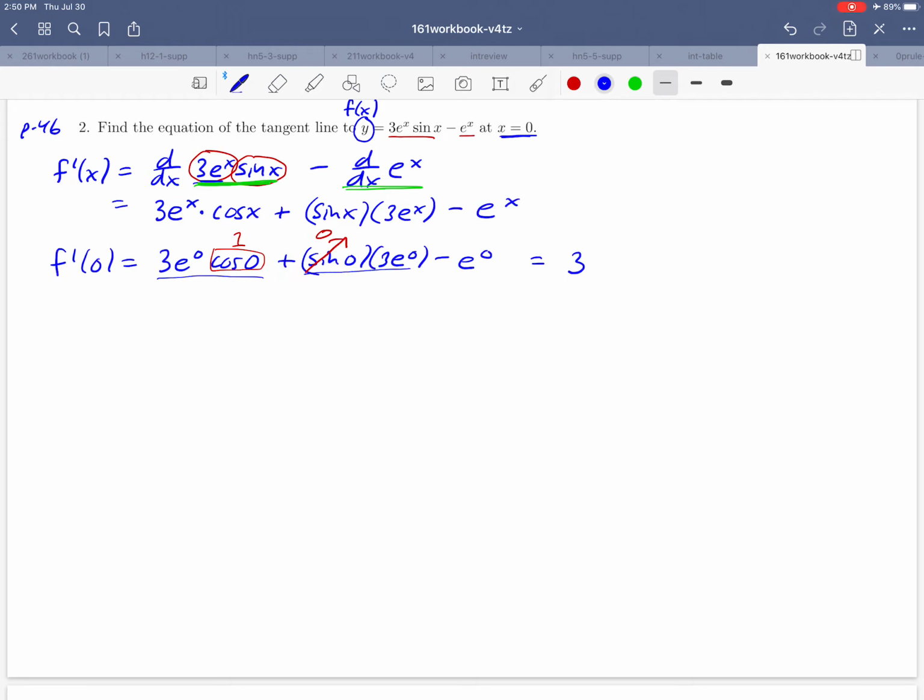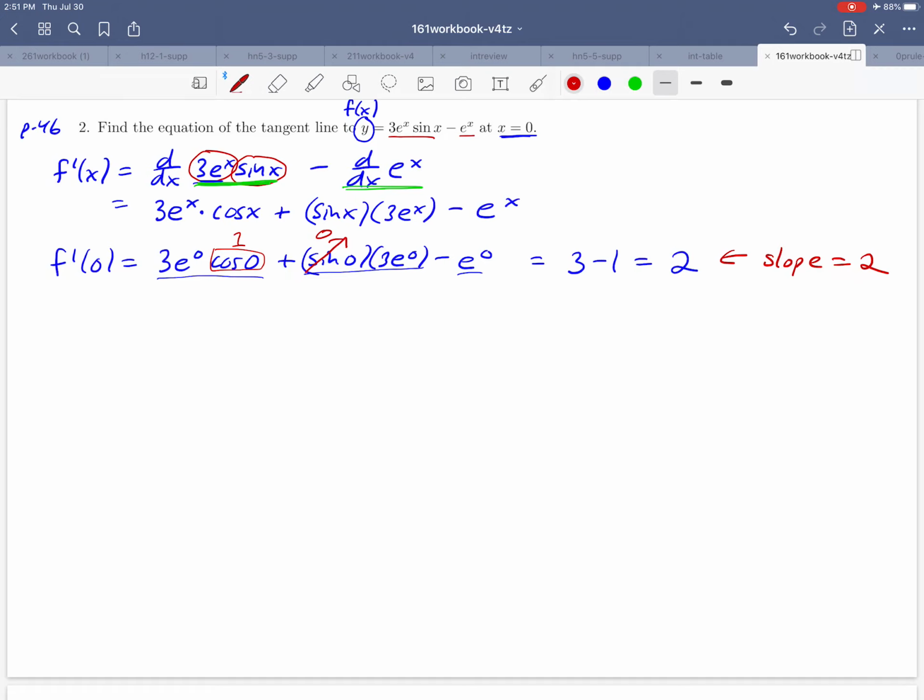This whole second term is going to go away: 0 times 3e to the 0 is 0. And then at the very end we've got a minus e to the 0, which is a minus 1. That's going to give us a 2, and that 2 is the slope of our tangent line. So the slope of this line equals 2.